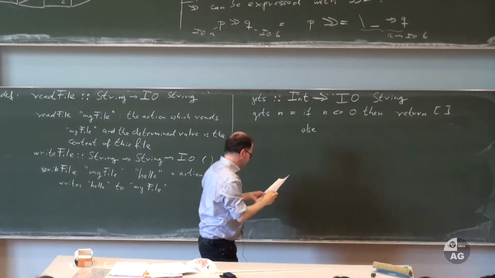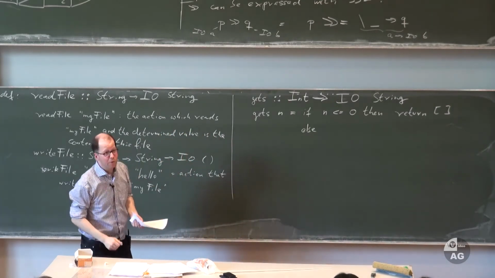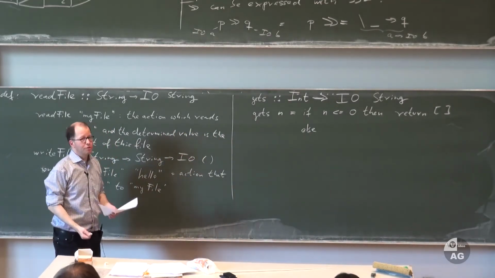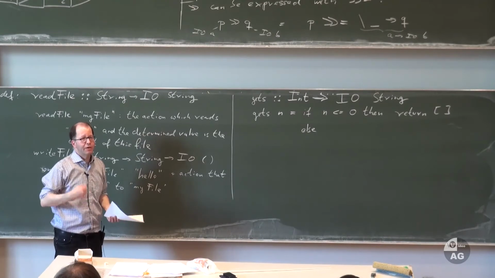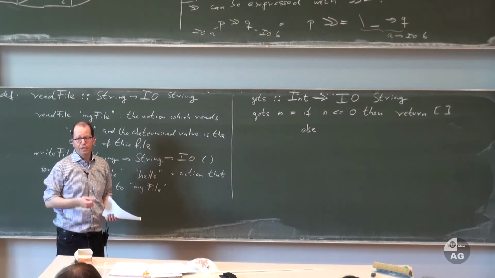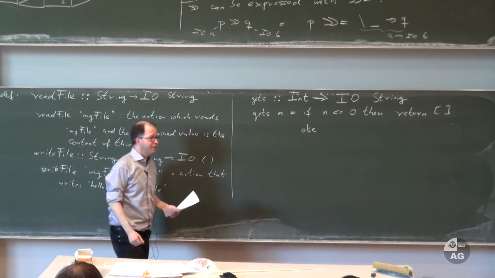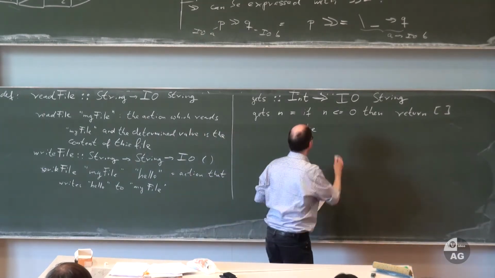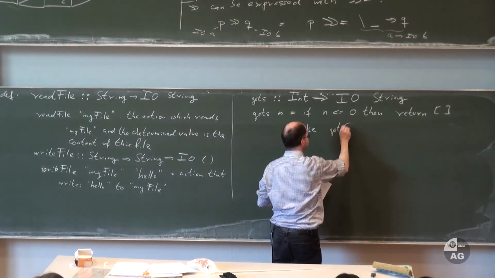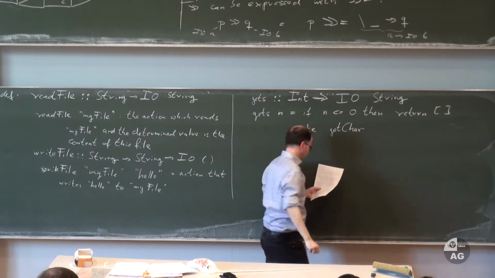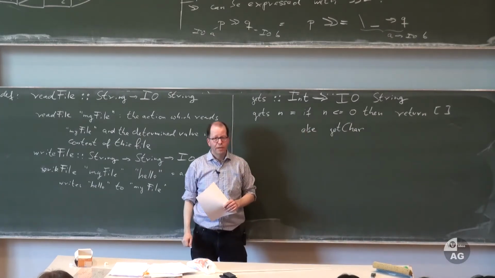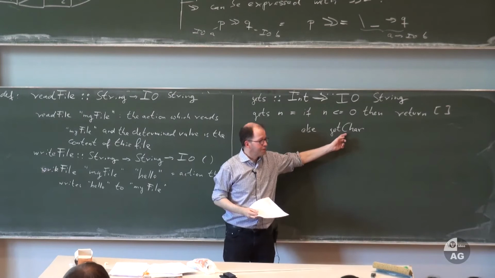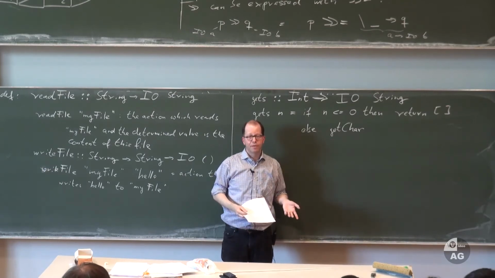Now, if n is positive, then I really want to read. And now how do I do this? Well, I have to read one character after another. And the only atomic function that we know for reading characters is getCharacter. So let's start with getCharacter. And now, by doing this, I will read one single character.